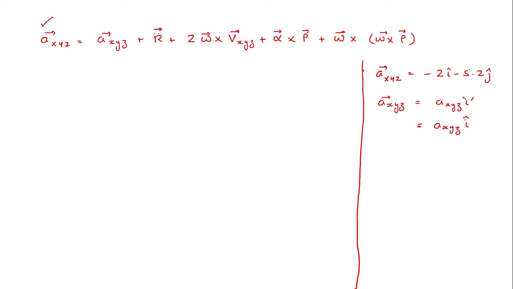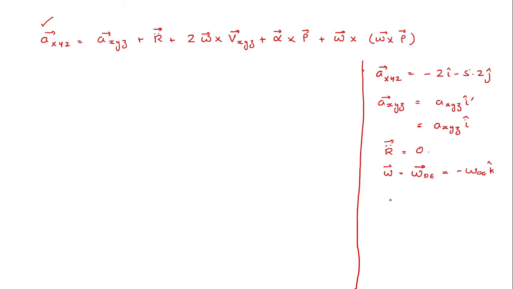Next, r double dot. I told you the small xyz reference frame is not translating with respect to the capital xyz, so this is equal to 0. And omega is equal to omega DE vector, that is equal to minus omega DE into k cap.